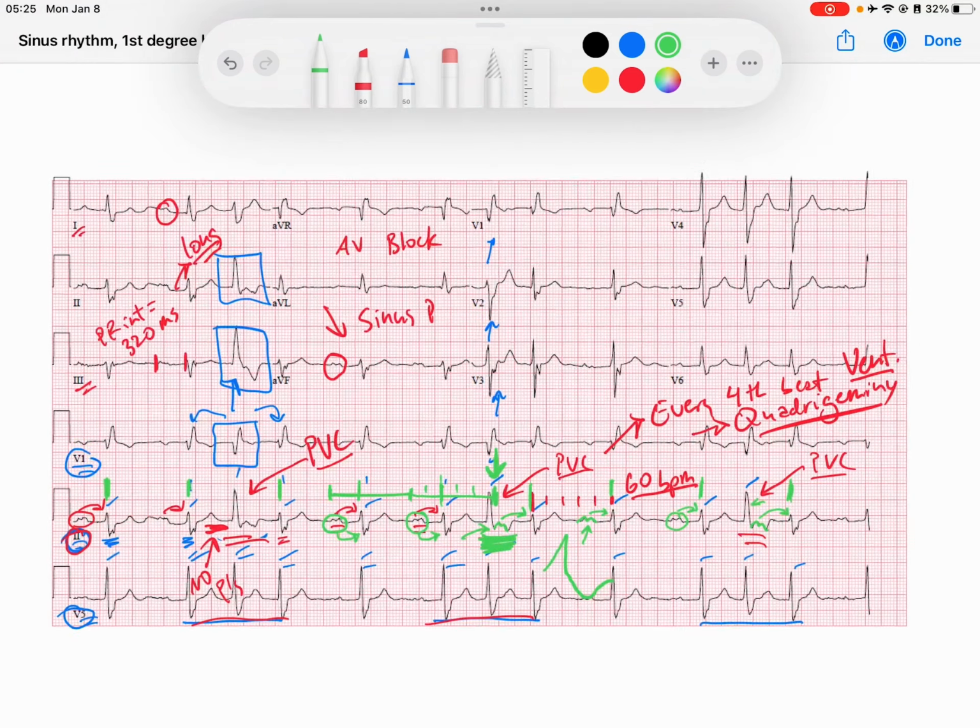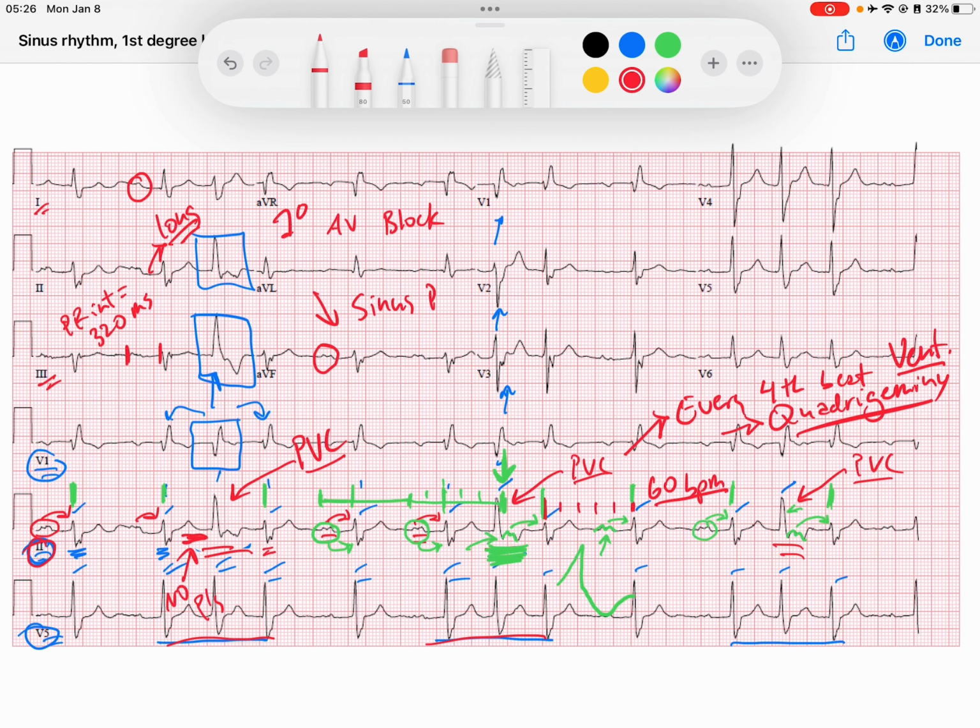They're just taking a prolonged amount of time. And we're having these superimposed PVCs occurring right when our P waves are happening as well. Remember, a premature ventricular contraction depolarizes the ventricles, so we can still have atrial contraction. So we've figured that out.